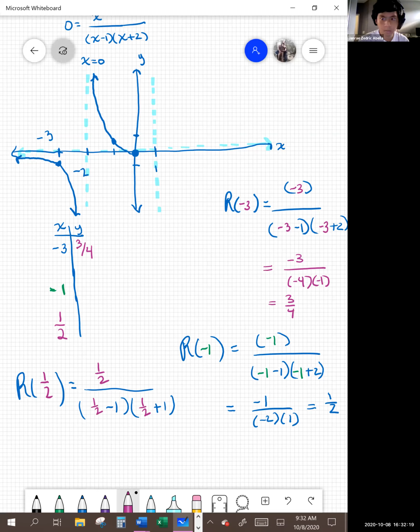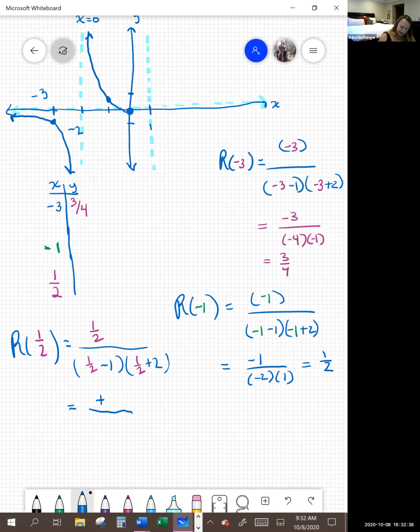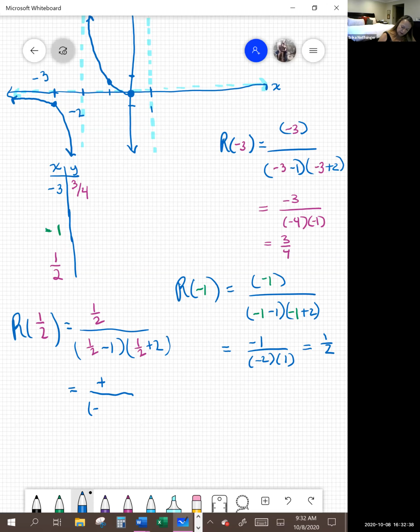Isn't that supposed to be +2, not +1? Yep, yeah, +2. So numerator's positive, right? 1/2 is positive, all over 1/2 minus 1, that's -1/2, but it's a negative number. All times 1/2 plus 2, which is positive.